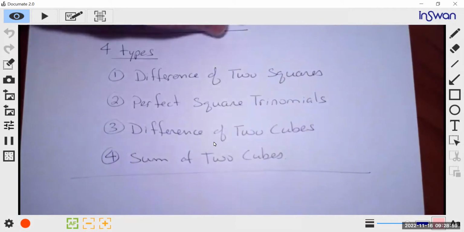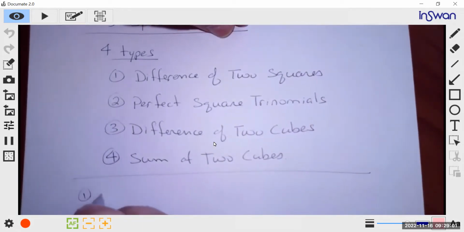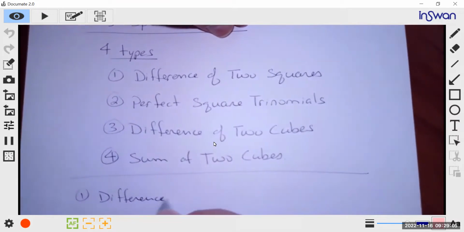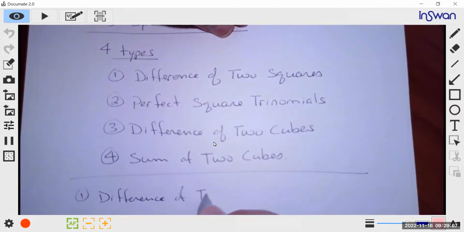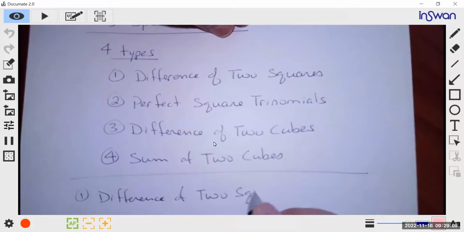All right, the first one. The difference of 2 squares.